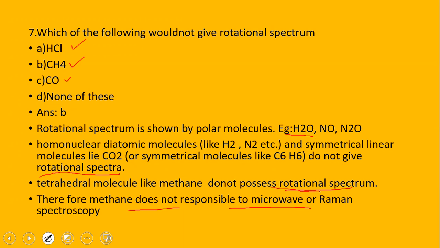The compounds which do not give a rotational spectrum do not respond to microwave or Raman spectroscopy. So methane cannot be detected using microwave or Raman spectroscopy, because it is a tetrahedral molecule which cannot give a rotational spectrum.